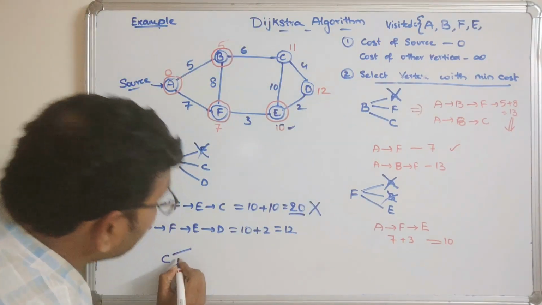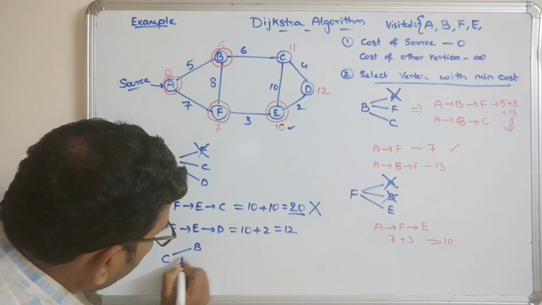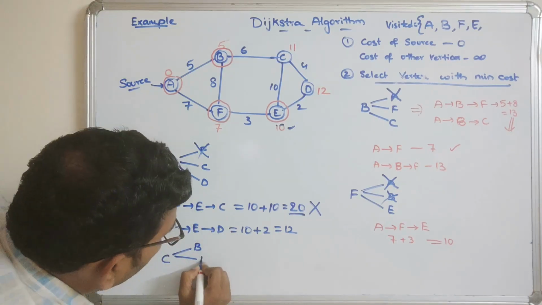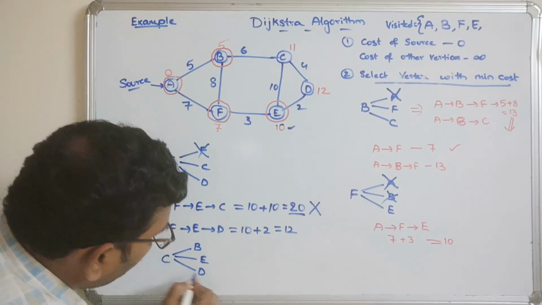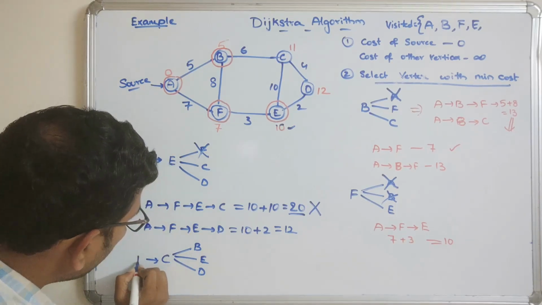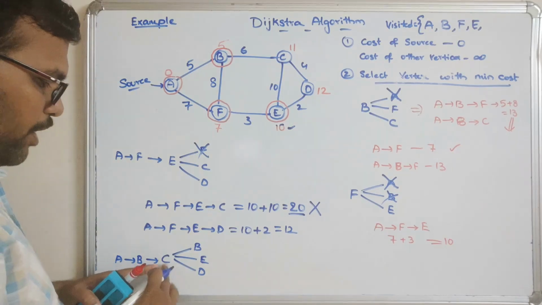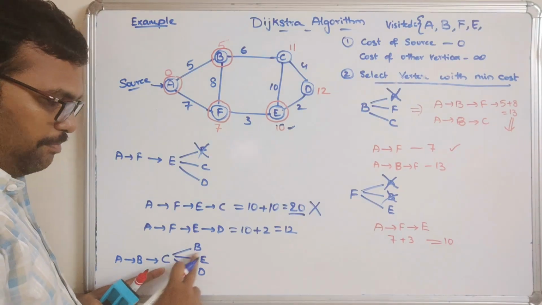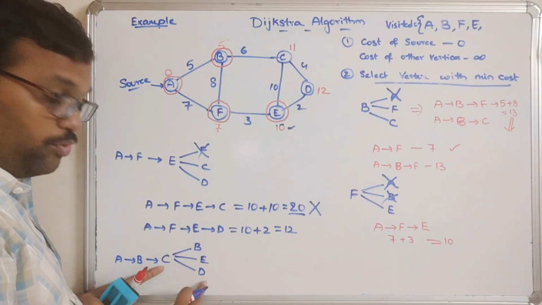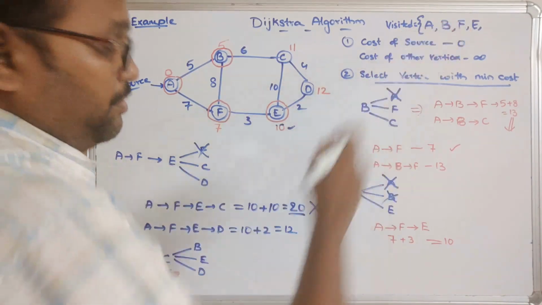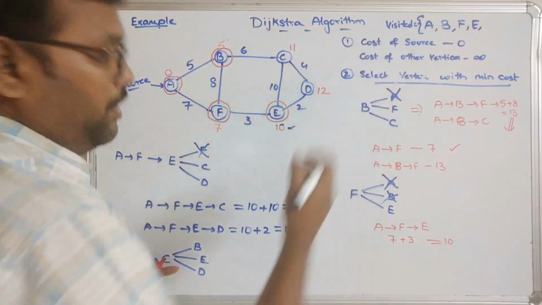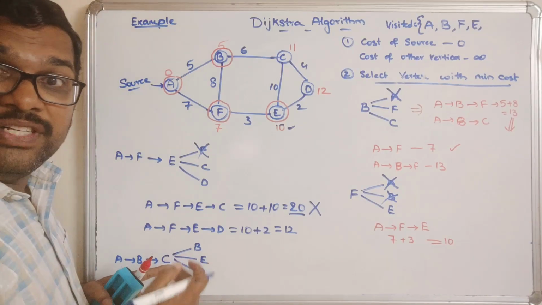So what are the adjacent? C to B, C to E, C to D. And this comes from B and it comes from E. So we are just having the path from C to B, C to E and C to D. Verify whether any vertex is in the visited.